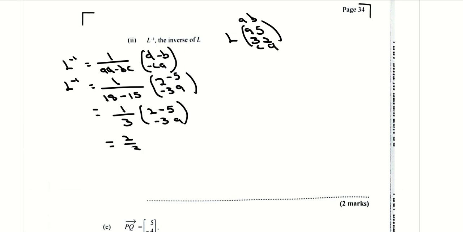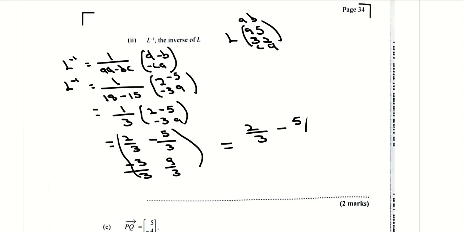When you multiply this, you multiply now 2 by each, so it'll be 2 over 3, minus 5 over 3, minus 3 over 3 and 9 over 3. Which would be equal to 2 over 3, minus 5 over 3, minus 1 and 3. And that is the answer for L inverse.